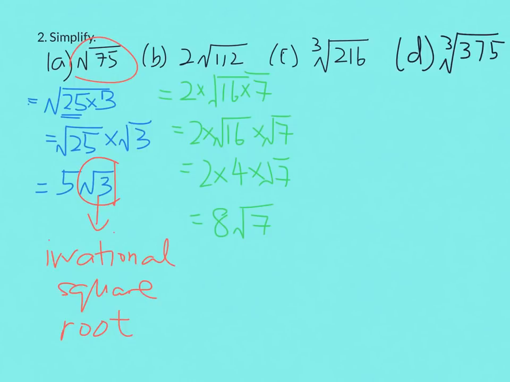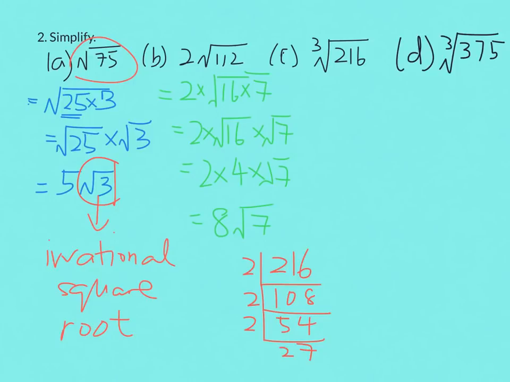For our next example in part C, we're looking at a cube root. So we know that 216 can be divided by 2, so that gives me 108, and I divide it further by 2, I get 54, and if I divide 54 further by 2, I get 27.